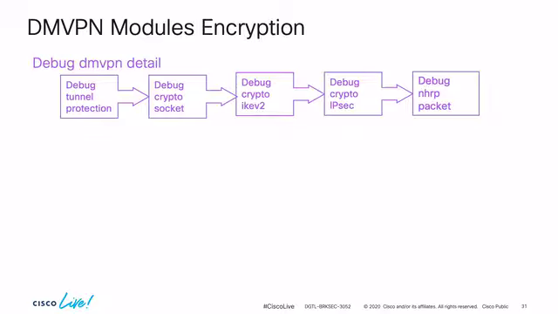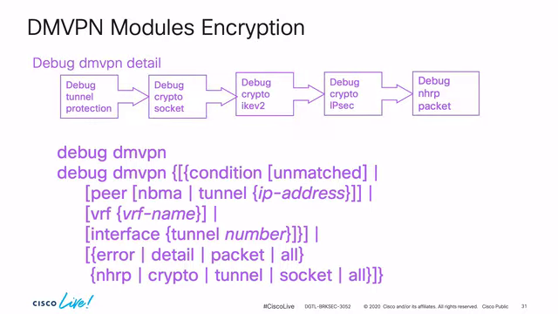The first one is debug tunnel protection crypto socket, and then it goes into the encryption layer, which is IKEv2 and IPsec, and it also goes ahead and debugs the NHRP packets. As I said earlier, we support conditional debugging with debug DMVPN, so please make sure that you use conditional debugging if you're turning on any kind of debugs on busy devices.